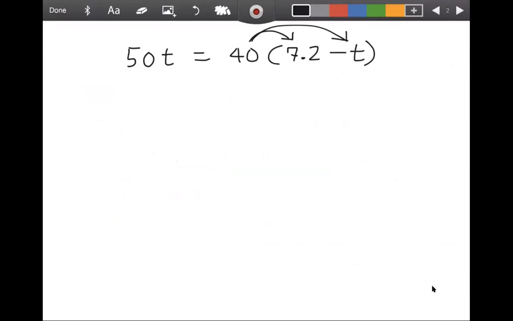40 times 7.2 is 28.8. No, it's not, is it? Yes, it is. Yeah, 28.8. Forty times minus T is minus 40T. Okay, so now I want to get the T's on the same side. So I'll add 40T to both sides.